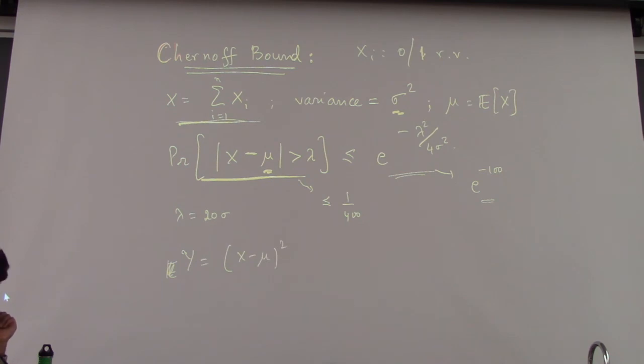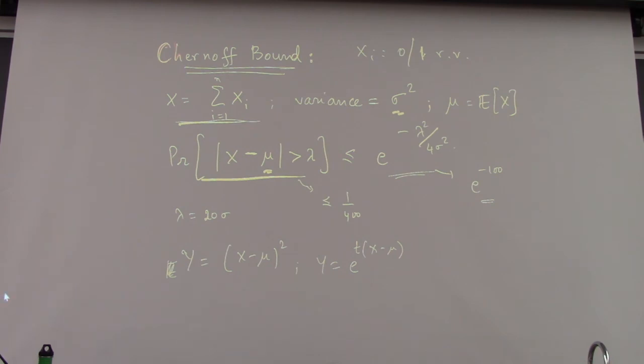It turns out if you look at y equals e to the t times x minus mu, and you use Markov on this, you get Chernoff. So all these are very nicely related to each other, but the bound that this gives is much stronger.